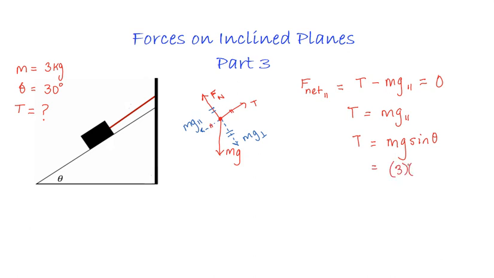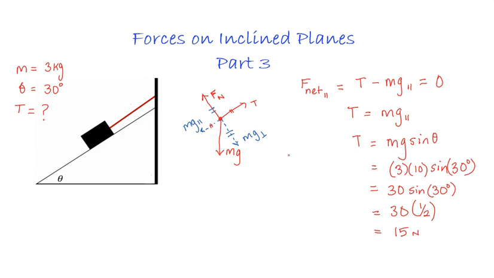We have 3 times, I'm going to approximate g to be 10, and we're going to put the angle in here for 30. So I have 30 times the sine of 30 degrees, and the sine of 30 degrees is 1/2. So if you put that in your calculator, you should get 1/2. Just make sure you are in degrees, and if you multiply that by 30, you would get 15 newtons.